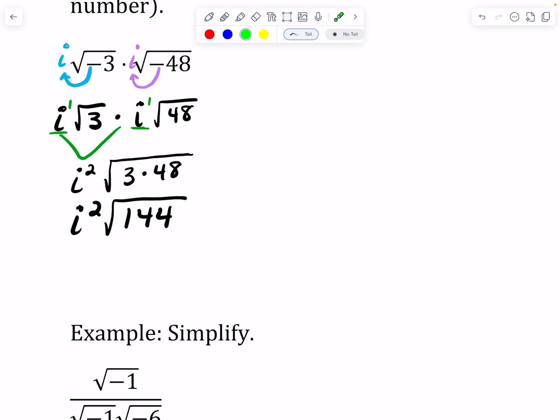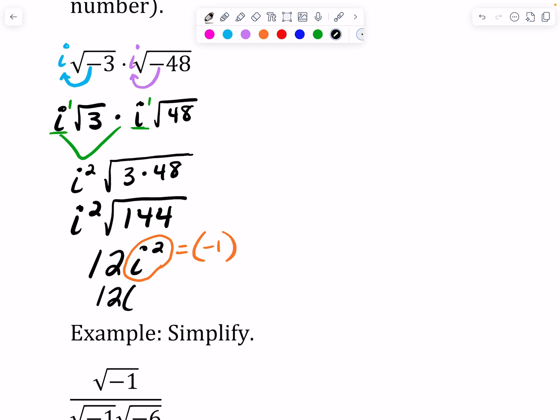So the square root of 144 gives us a 12. So then we end up with 12i squared, but we have to make note and remember that we replace i squared with a -1. So that's really 12 times -1, which is -12.